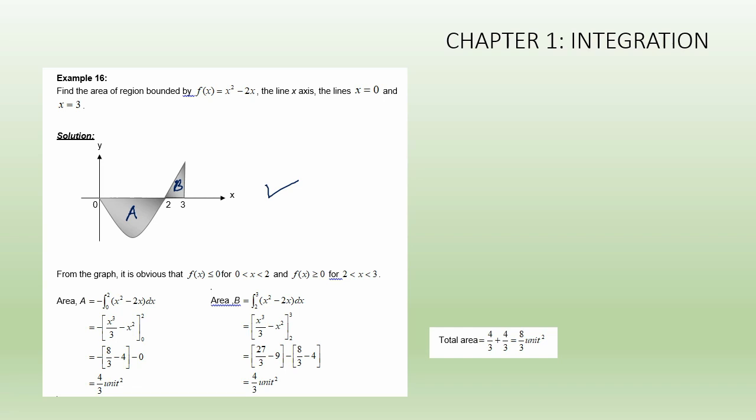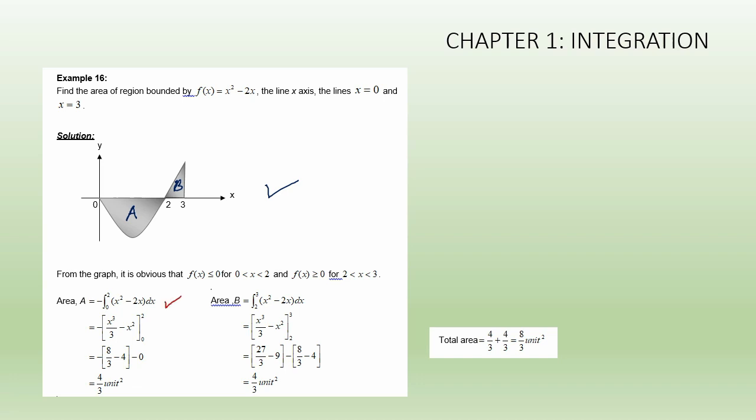So in order to make it positive, whether we put the modulus on the formula or we put a negative sign in front, the area of region A is negative the integration from 0 to 2 of the function f(x), which is x squared minus 2x.